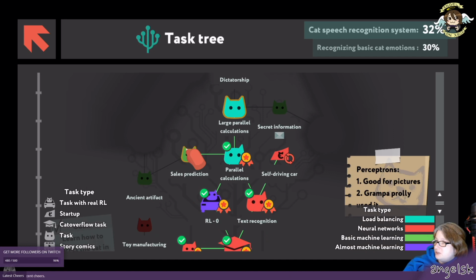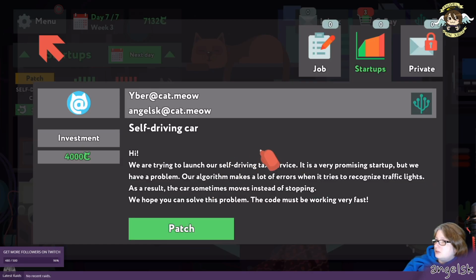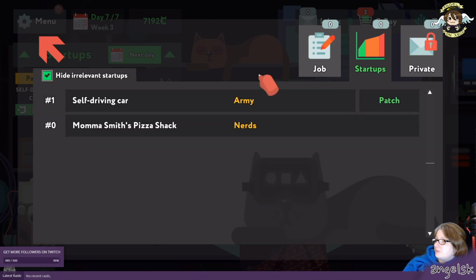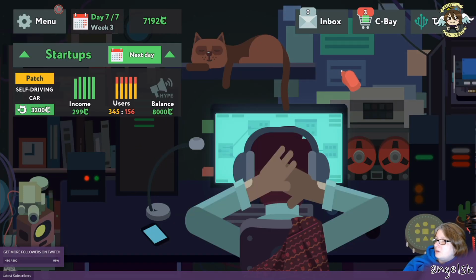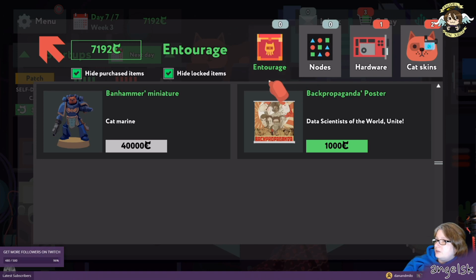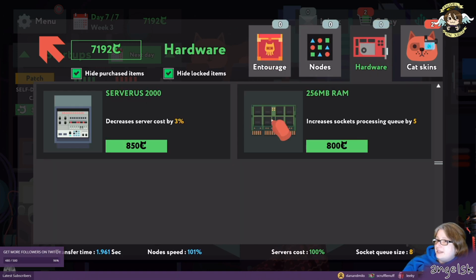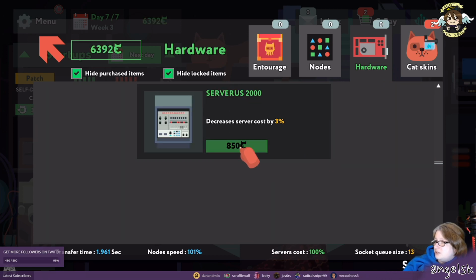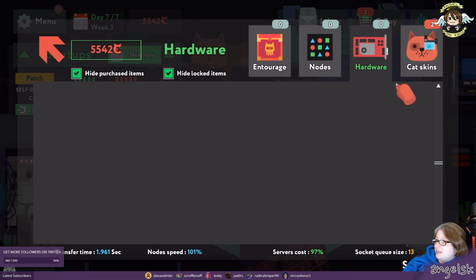Okay, so we've got sales predictions. Secret information? Oh no, that's the investment. Okay, so entourage nodes. Hardware! Yes! Increases sockets processing queue. Yes. And decreases server cost by 3%. Yes.